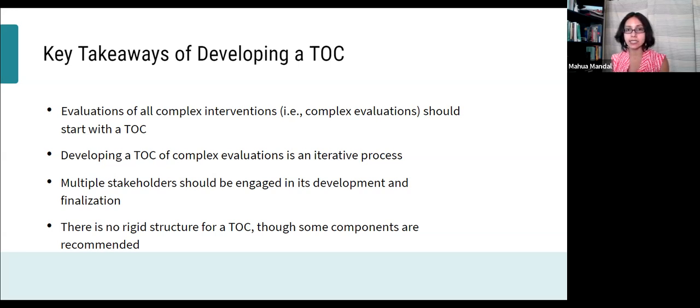It's not an exact science. Multiple stakeholders should be engaged in the development and finalization of a theory of change. And there's no rigid structure for a theory of change. As we had seen, arrows can be bidirectional, there can be feedback loops, but some components are recommended to be included in a theory of change.